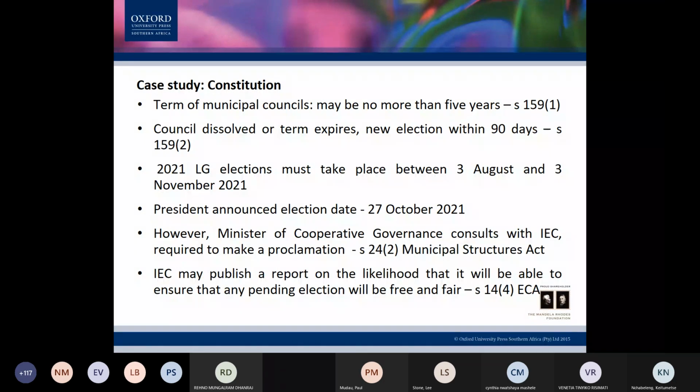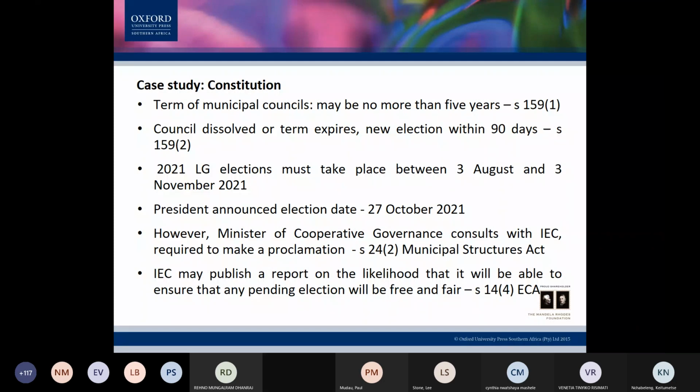However, the Minister of Cooperative Governance and Traditional Affairs is required by law, particularly Section 24, Subsection 2 of the Municipal Structures Act, to consult with the IEC before making a proclamation. A proclamation is an official announcement that this is the date of elections, and where a proclamation is declared, it means the IEC must kickstart all the key electoral activities.